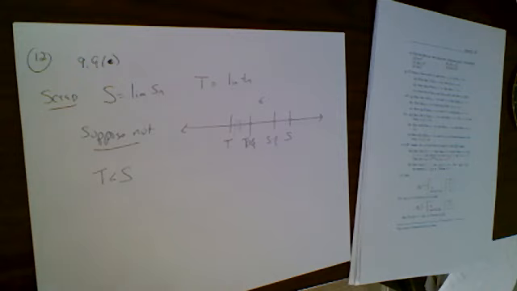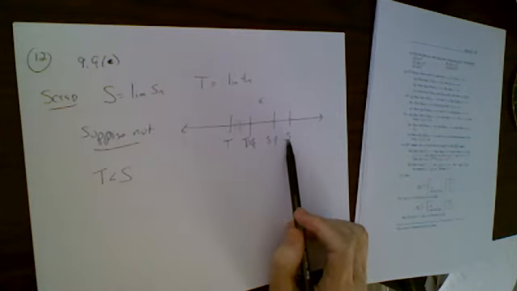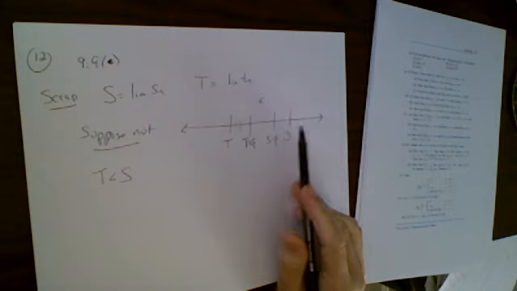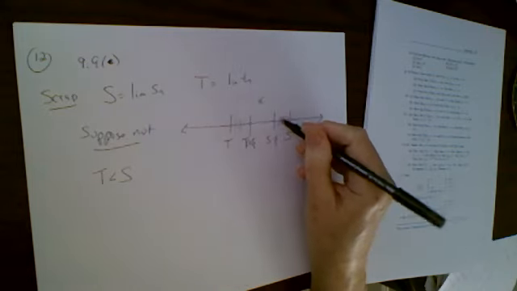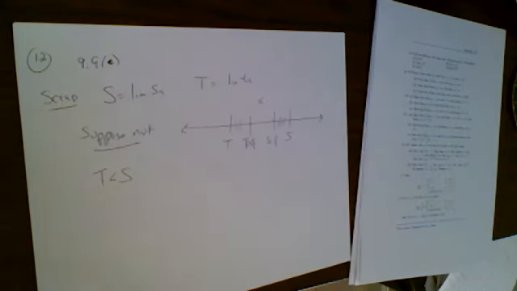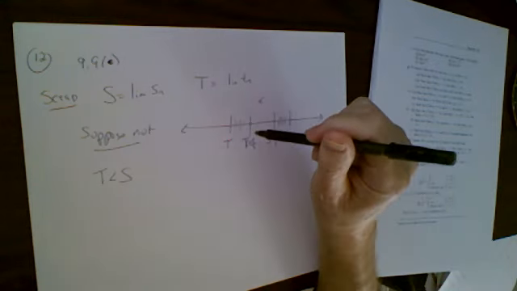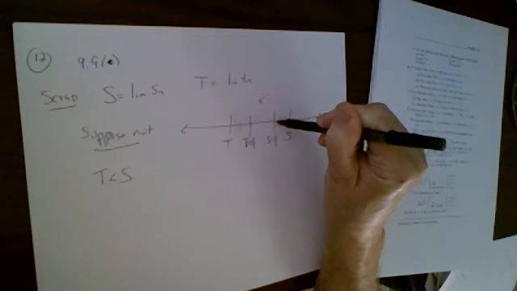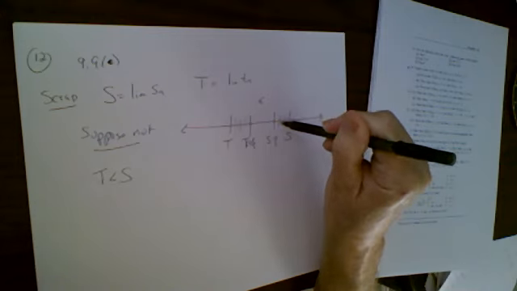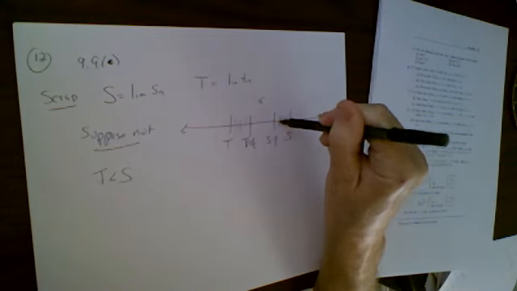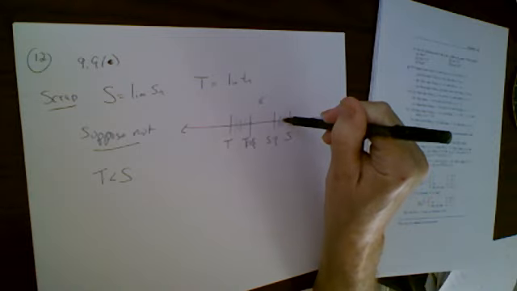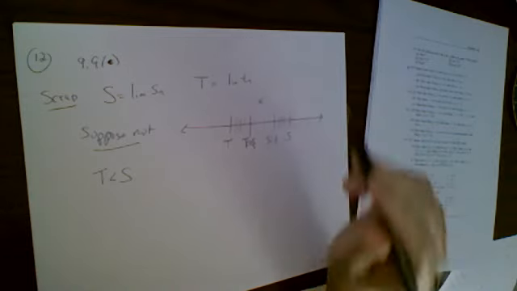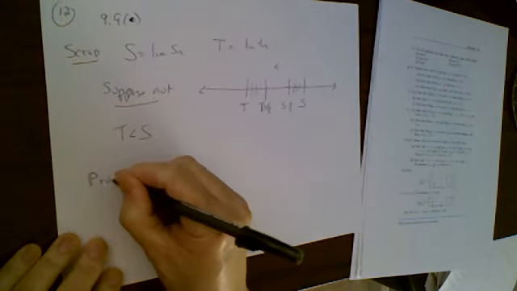Similarly, all the terms in the S sequence can eventually be made close to S, so none of them are going to be passed here. So at some point, no term in the T sequence gets beyond here, no term in the S sequence gets beyond here, but that means there are terms in the S sequence that are bigger than the terms in the T sequence, and that's a contradiction. So here I think is my proof.